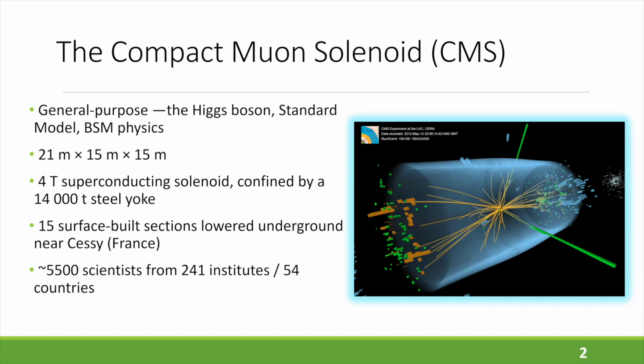It is quite a big detector, and it also has a big magnetic field in it. It's also a big collaboration, with more than 5,000 scientists and more than 50 countries participating in it.